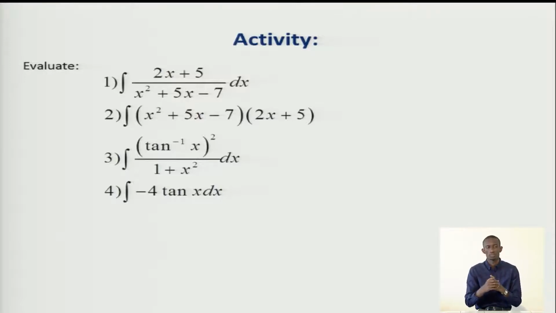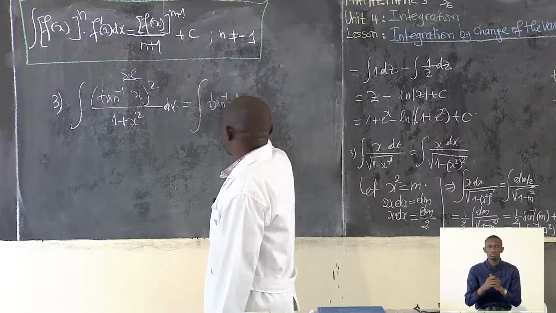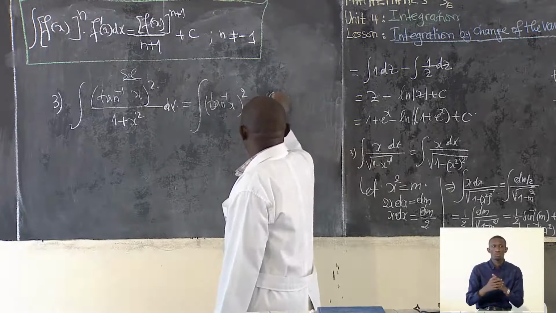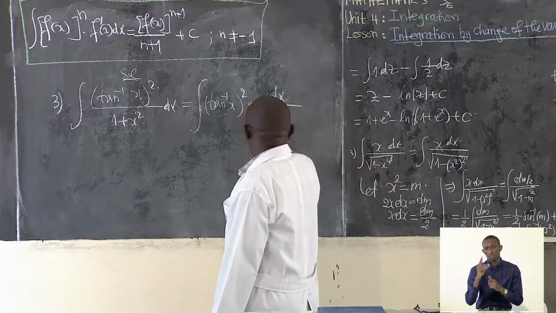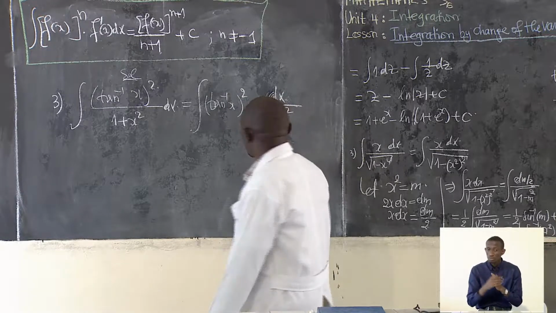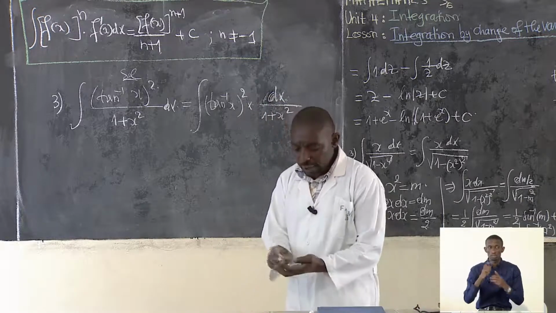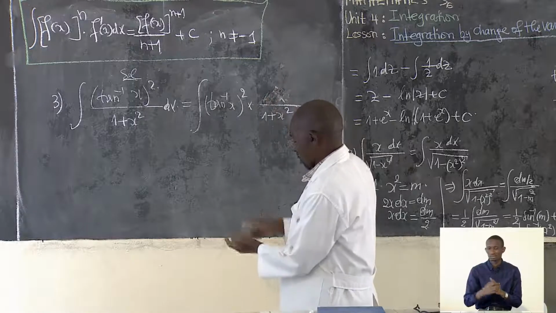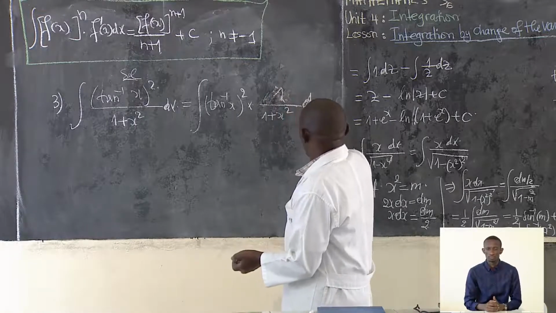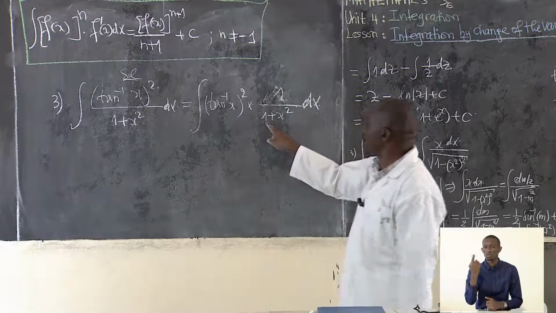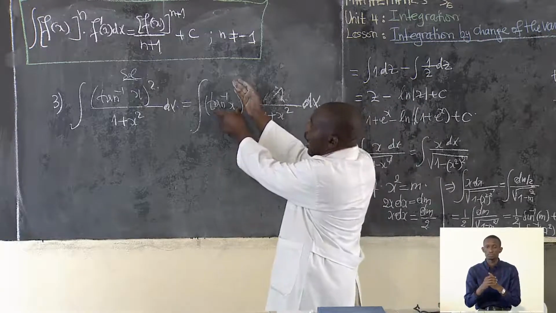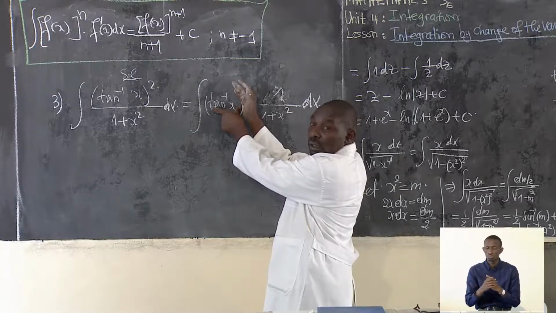This can be written as the integral of (tan inverse of x) squared times 1 dx, divided by 1 plus x squared. If you observe, 1 divided by 1 plus x squared is the derivative of tan inverse of x.